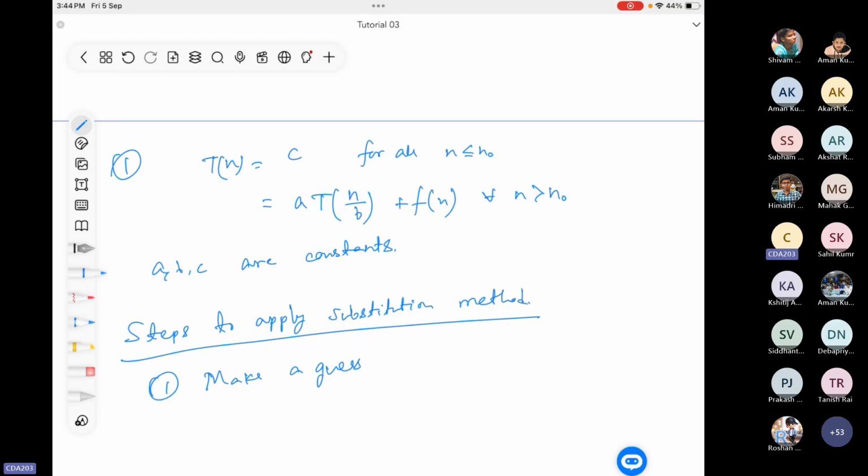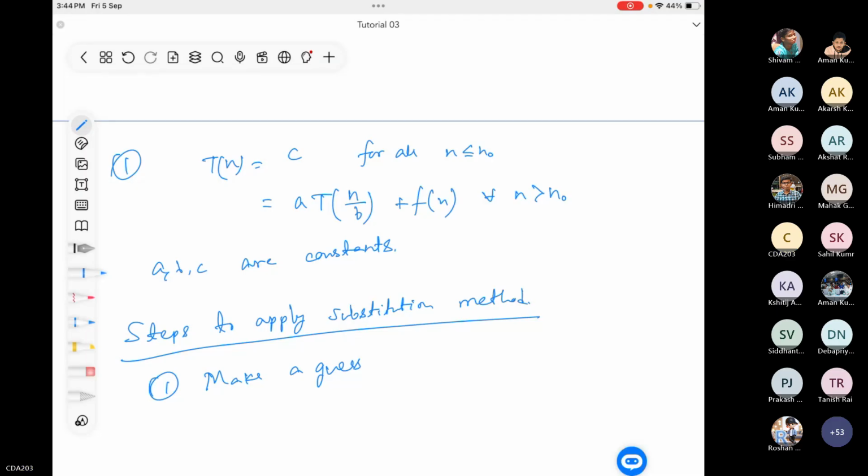It's actually very difficult to say how to guess, because there is no particular way to guess a solution for a recurrence relation directly by looking at it. This technique has a drawback, because you have to guess the solution, which may not work in every situation, and it might take quite a lot of time to find the right one.